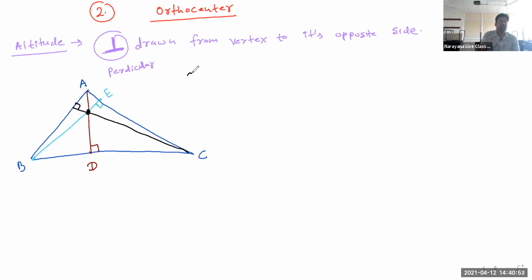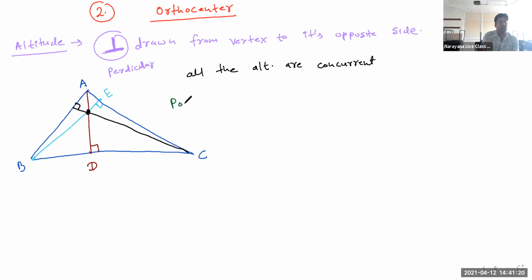So in a triangle, all the altitudes are concurrent. Got it? And that point of concurrency is called the orthocenter. So what is the orthocenter?